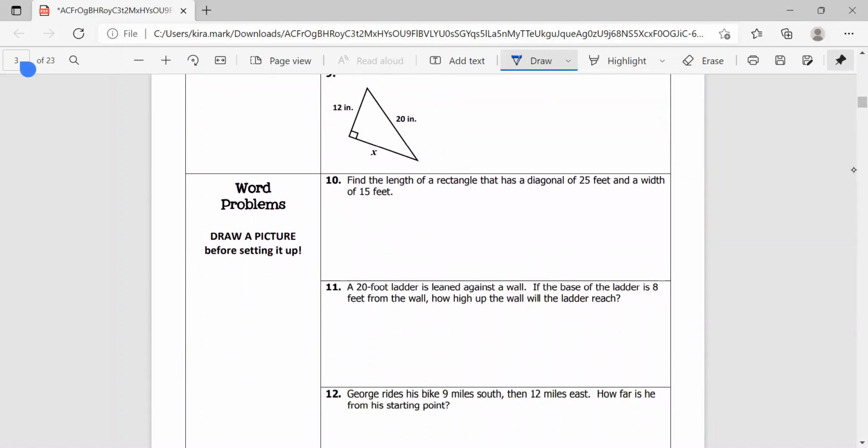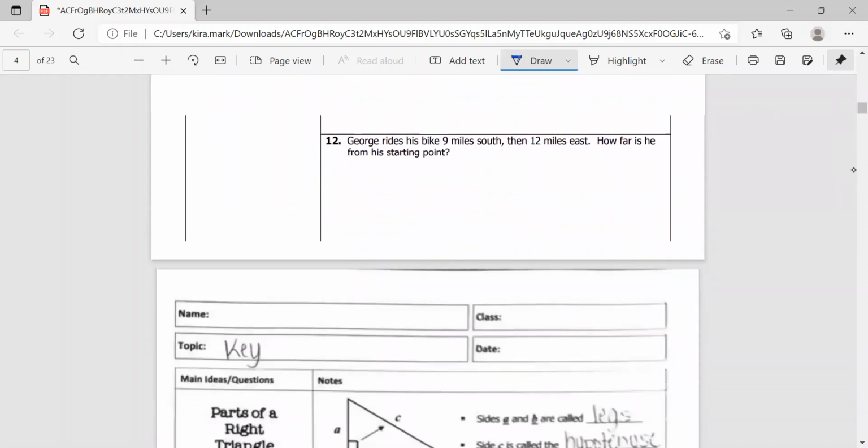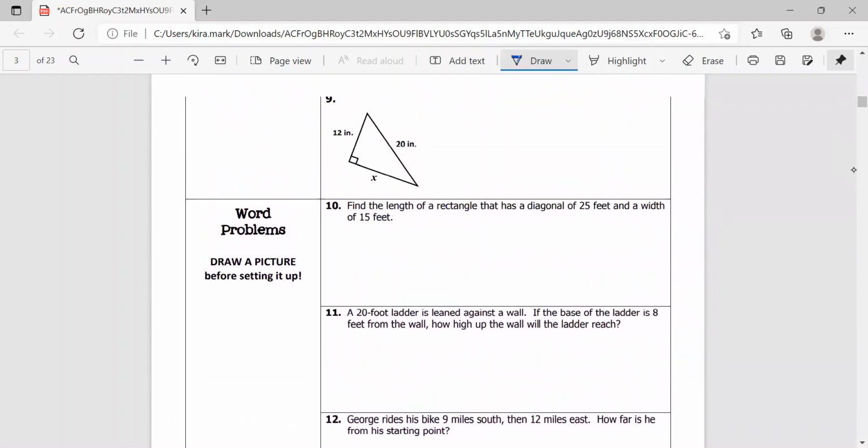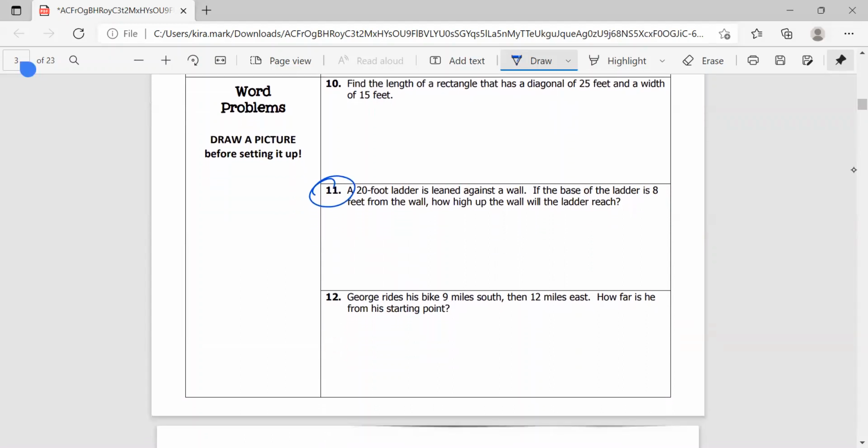These ones are asking you to draw a picture before setting it up. Okay, find the length of, I want to do this one. A 20-foot ladder is leaning up against a wall. I can guarantee you that you're going to get a question like this in the future.